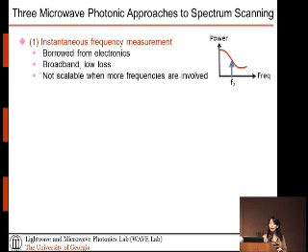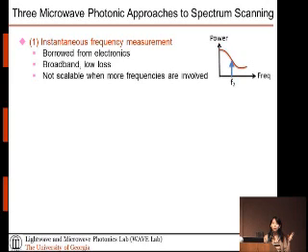So there are 3 major photonics approaches for spectrum scanning. First is the instantaneous frequency measurement. This sounds pretty familiar because electronics approaches have a similar architecture, and it's actually borrowed from electronics. The advantage of using photonics is that it's very broadband. The bandwidth we can deal with is tens of gigahertz, or 20 gigahertz.